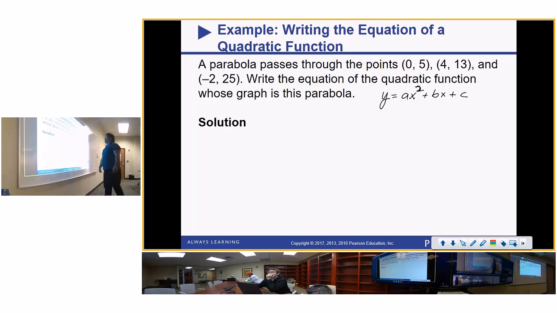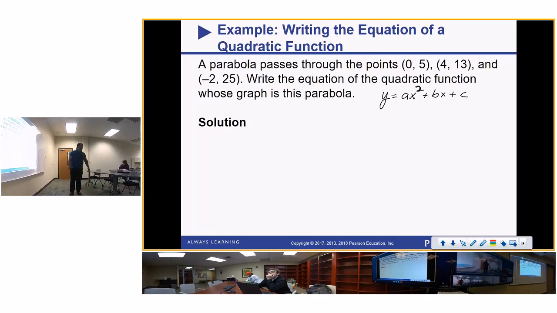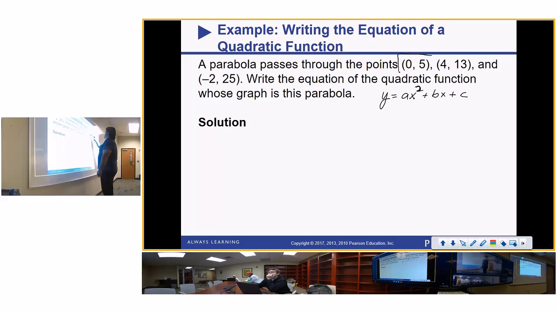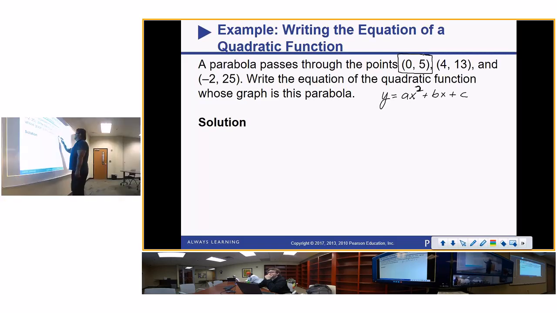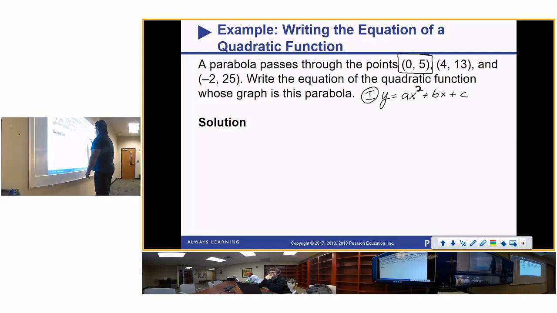Not the quadratic formula, but that's quadratic form. So when you see this question, you're going to start with the quadratic form, and you're going to start with this guy. Okay, so phase one, or part one, you're going to use this guy.